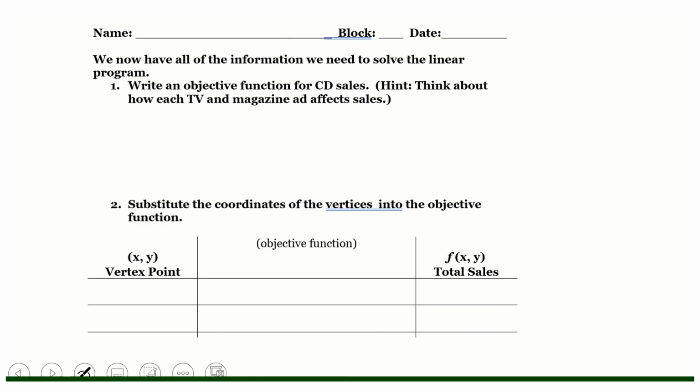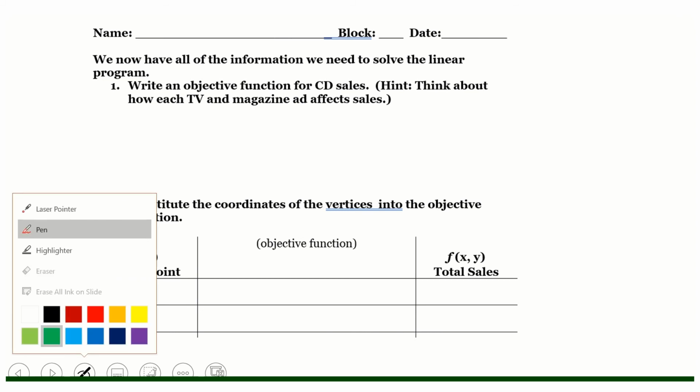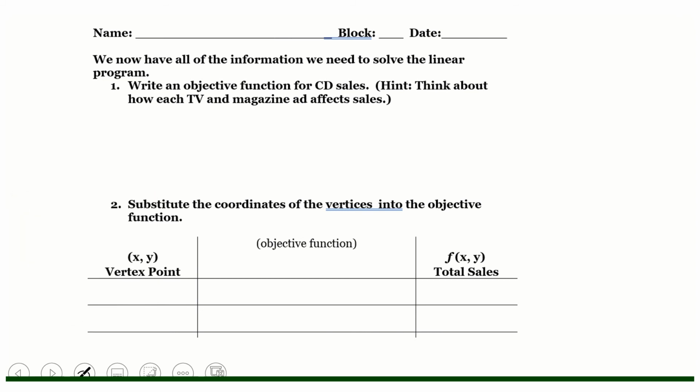When you get to the last page, this is when you want to put it all together, and students often have questions about what the directions mean on this particular part. So it says to write an objective function for the CD sales, okay? And here's what it looks like. This notation over here might throw you off a little bit, but it's going to be like f of x and y.